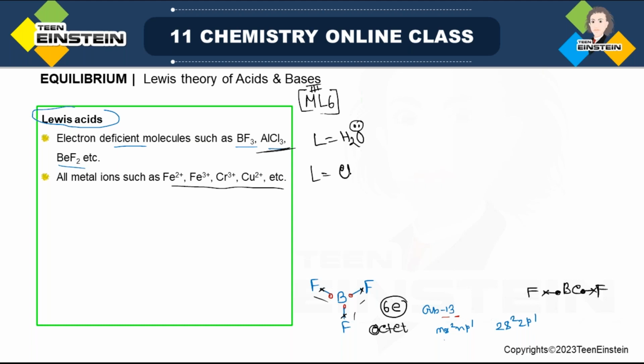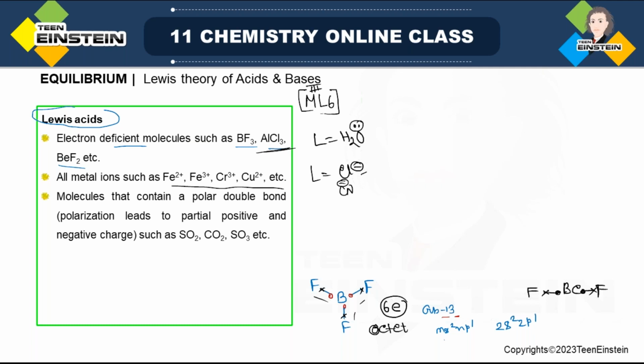Or the ligand may be like Cl minus or CN minus. In this case, the negative charge density will be donated. So here the corresponding Lewis base may be neutral or anionic, but we are here discussing Lewis acid examples. So metal ions like this can also form coordination compounds. They are behaving as Lewis acid because they are carrying positive charge.